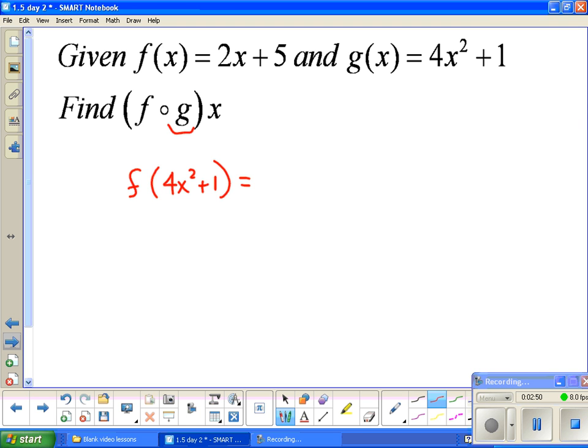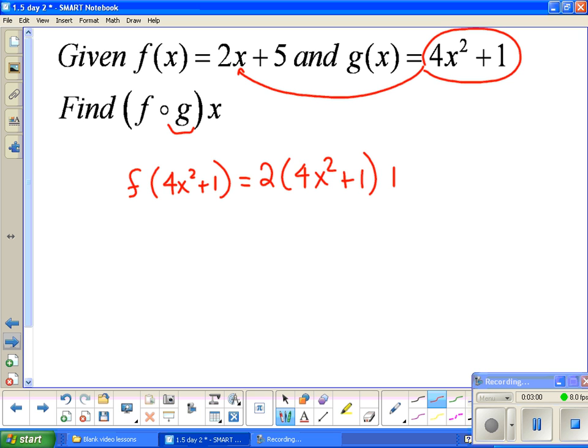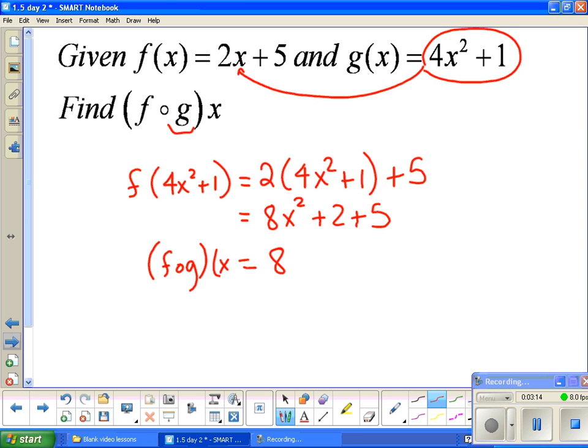So this part here now is substituted into the x value there. Okay, so then I have 8x squared plus 2 plus 5. So the composition function f of g of x is equal to 8x squared plus 7.